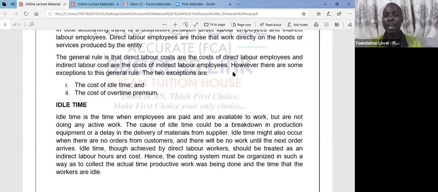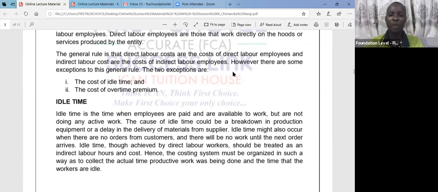So that's why we say there are exceptions. Idle time cost that involves the direct workers should be treated as indirect labor hours and cost. So the costing system must be organized in such a way that there is a way to collect the actual productive time and the time that workers are idle.